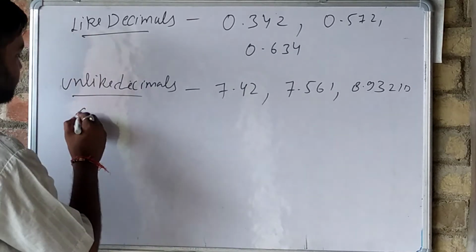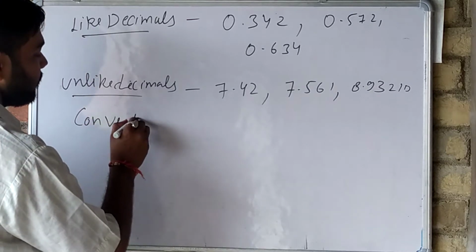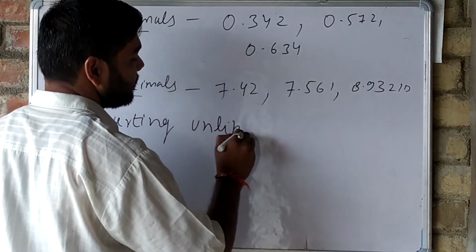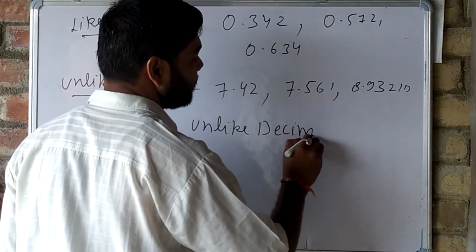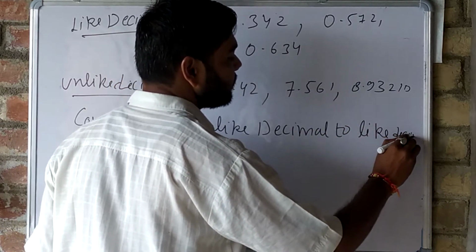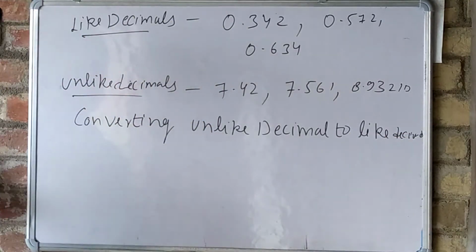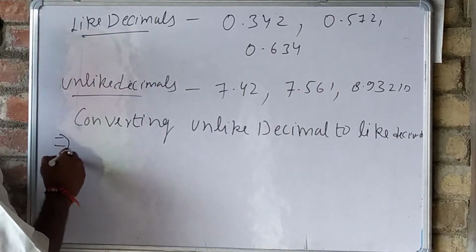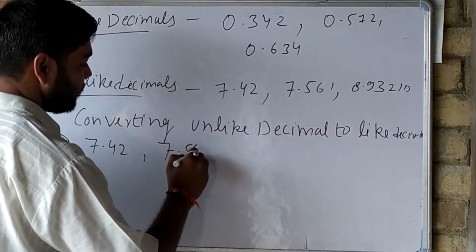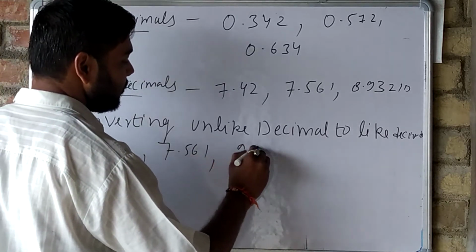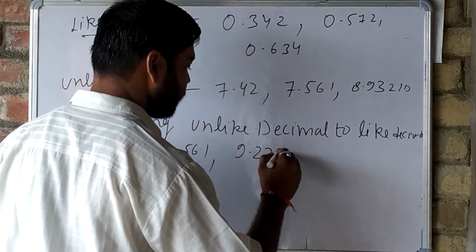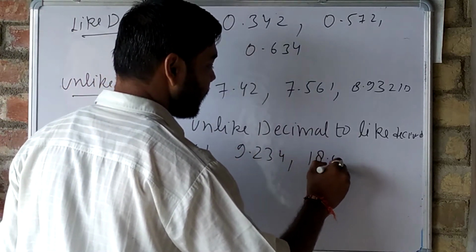For example, suppose we have 7.42, another number 7.561, 9.234, 18.56.